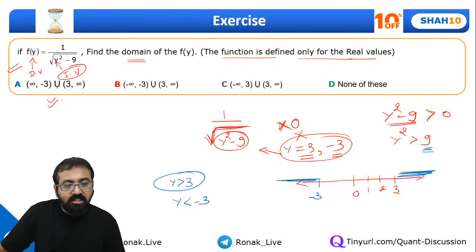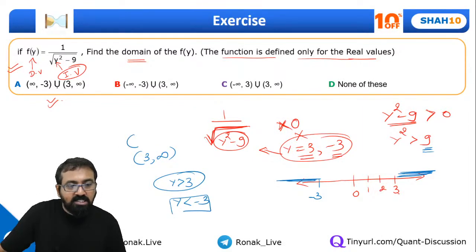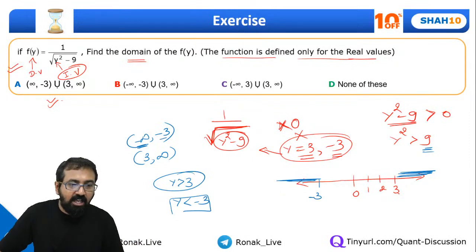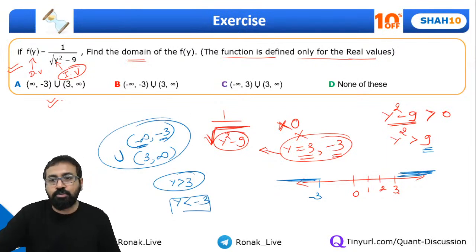When I say y is greater than 3, from 3 it can go up to infinity. When I say y less than minus 3, from minus 3 it can go down to negative infinity. You normally like lower values on the left-hand side and higher values on the right-hand side. So our answer is the union of these two.